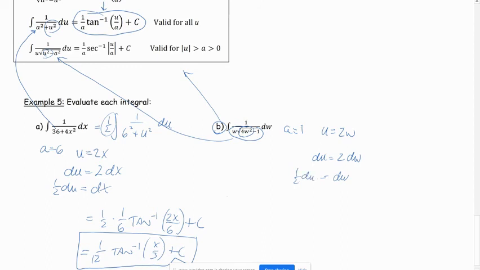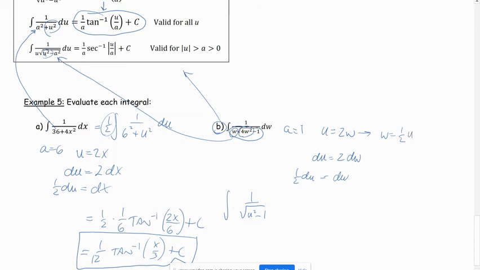And so this integral then becomes 1 over, we have the square root of u squared minus a squared. So this would just be u squared minus a squared. And then we have this w in front. We don't have w written down anywhere, but from this equation, we could easily get w equals 1/2 u.